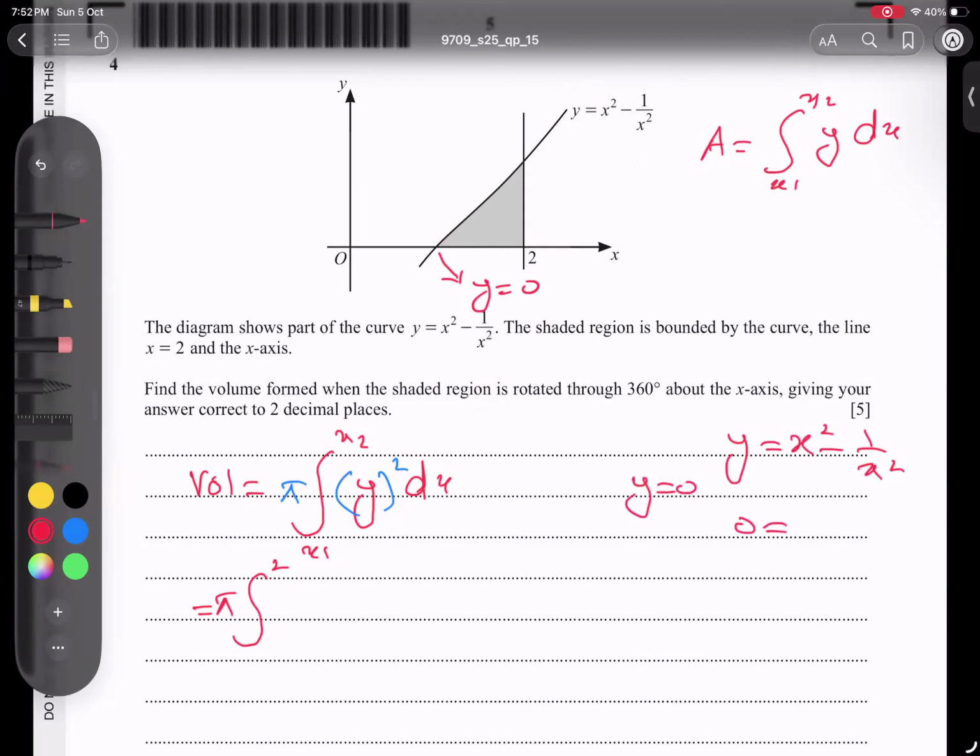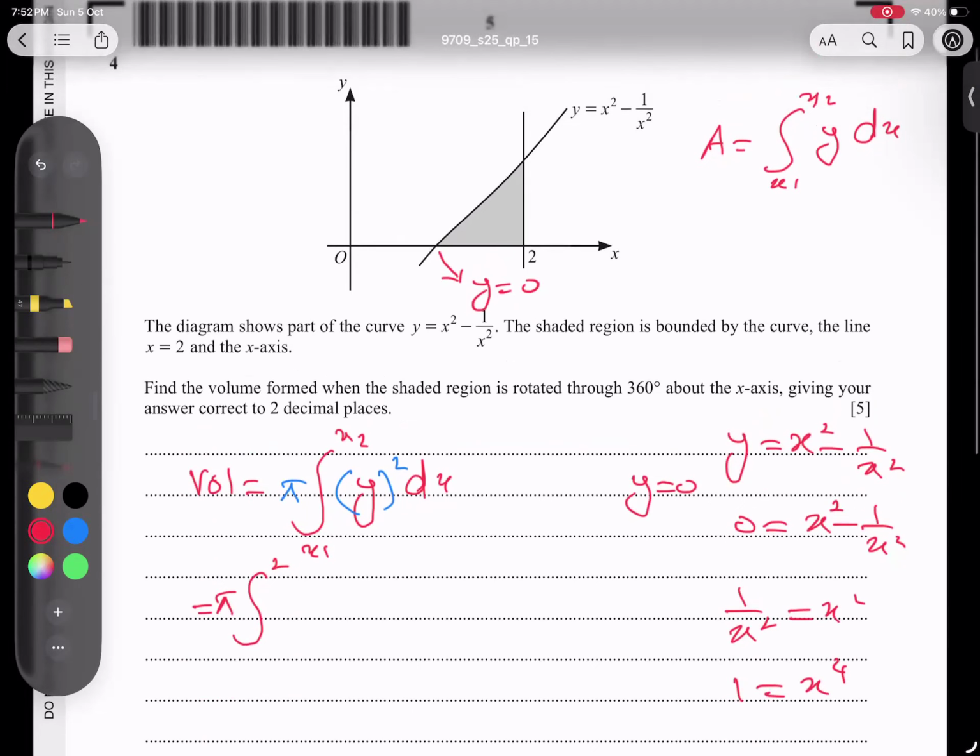Now I will go for algebra. I take this completely to the left hand side. I get 1 over x square equal to x square. Cross multiply, I get 1 is equal to x power 4. And you know very well, I will give some example ideas here. Whenever the power is 2, for example x squared equals 4, I can say x is equal to plus and minus 2.